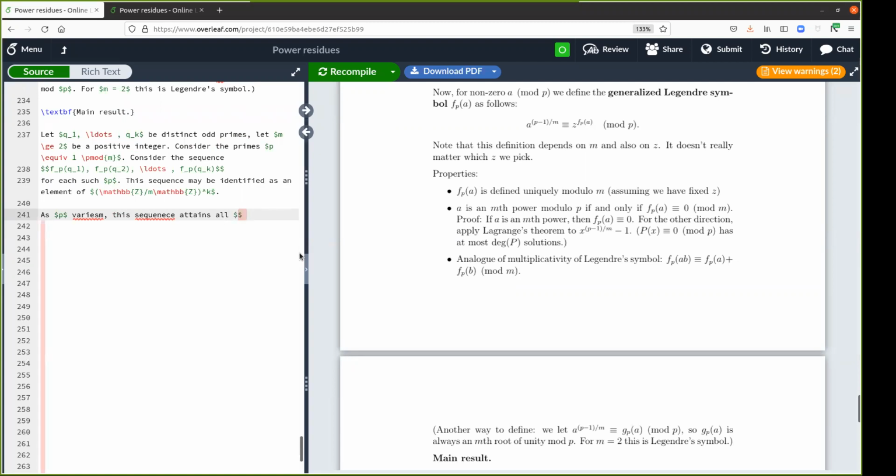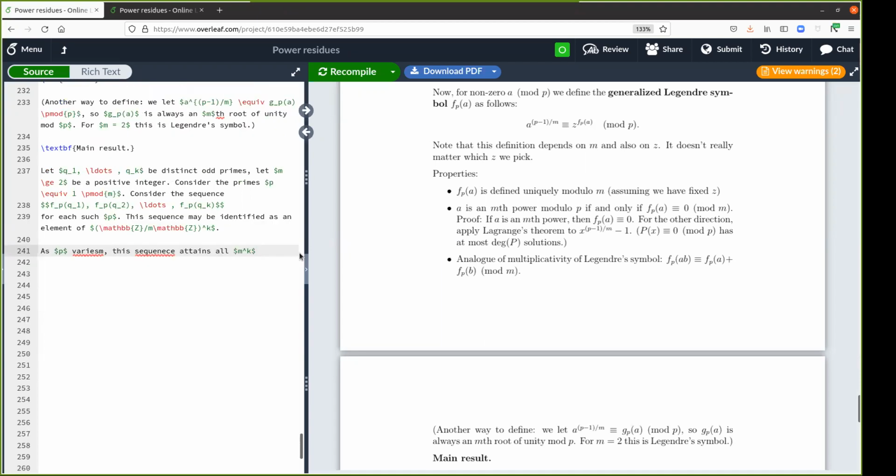But as we saw, this function depends on this z. So wouldn't the value of all these f_p of q_i depend on our choice of z? I'll explain in a second.